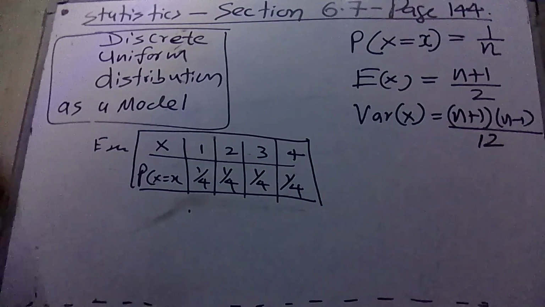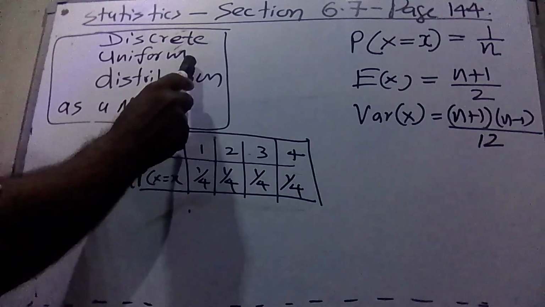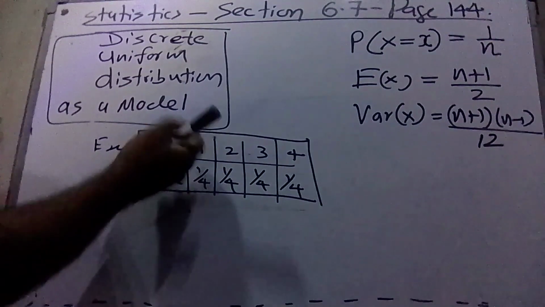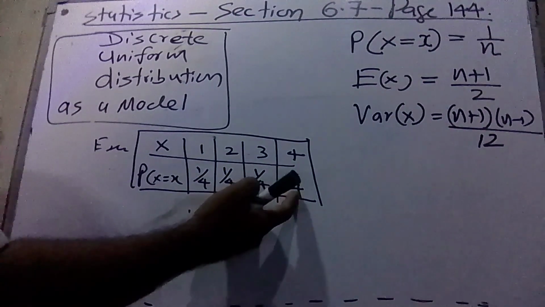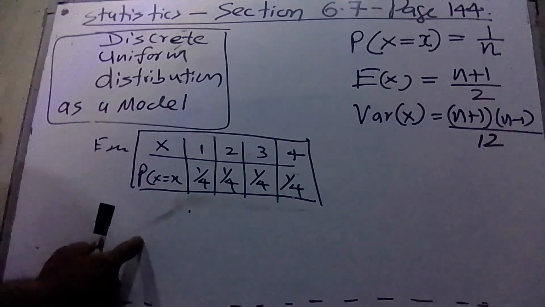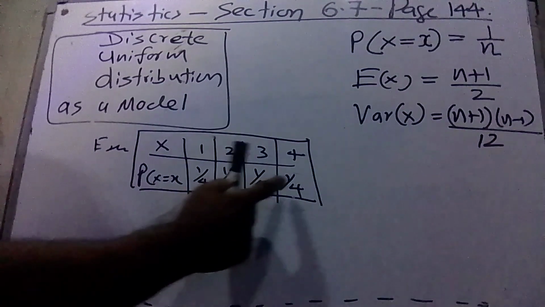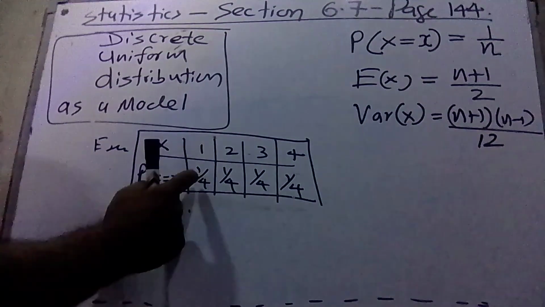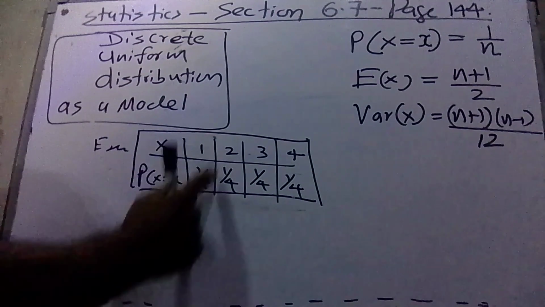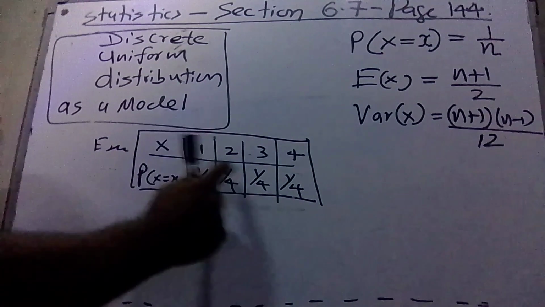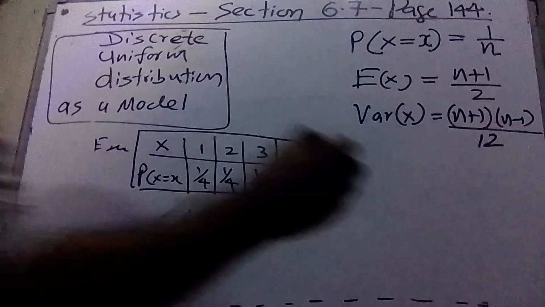And uniform means the probability of each occurrence is the same. So if there are 4, obviously if the probability is the same, we will get the probability for each one as 1 over 4.